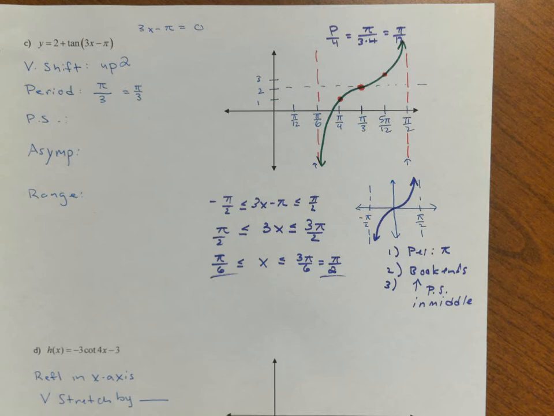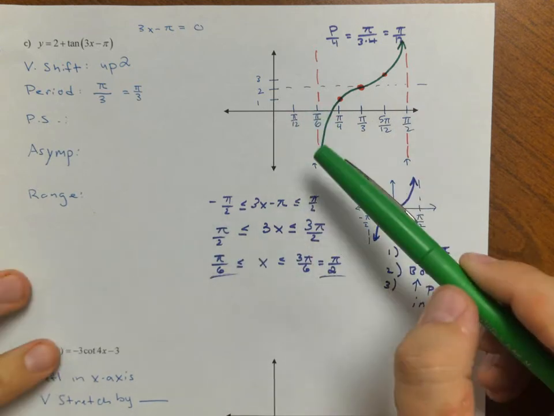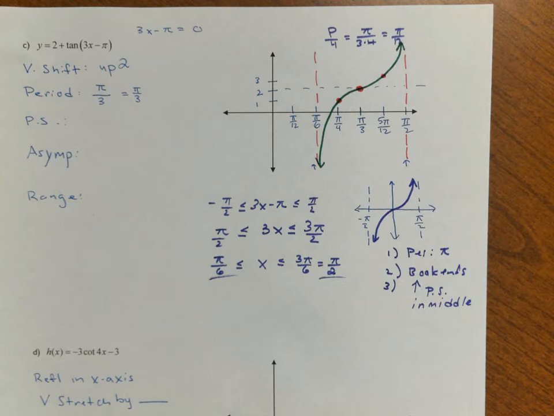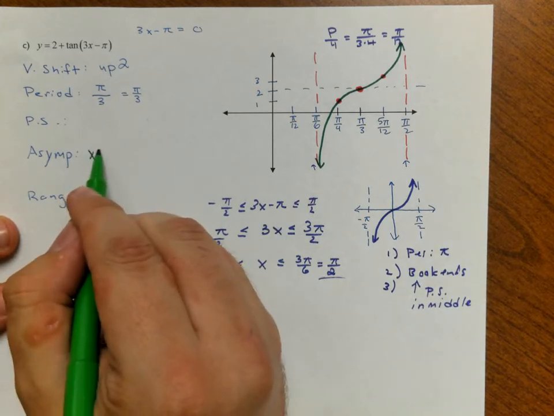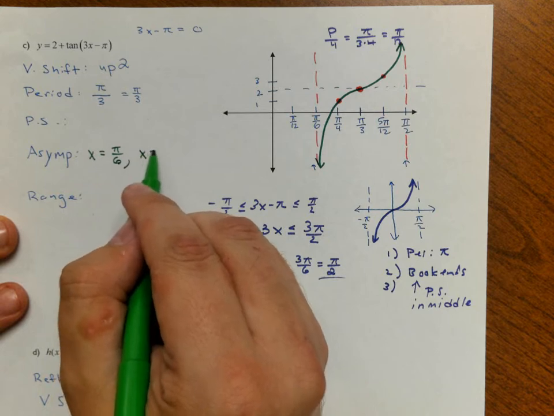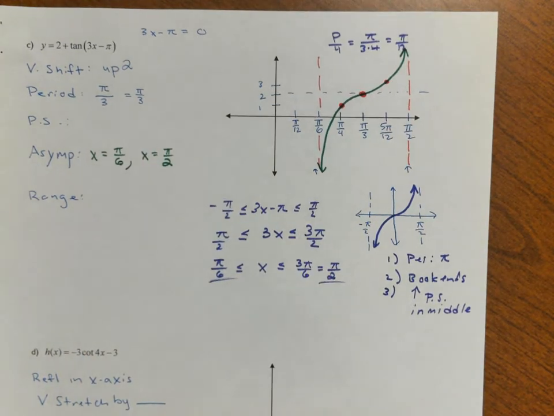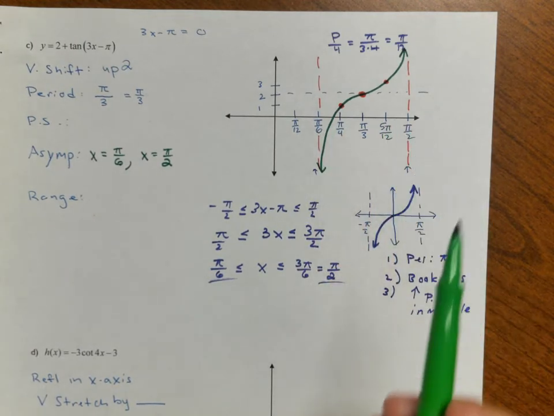So, several interesting things happening there. Again, the period is only pi. I only have 3 key points in these asymptotes on the end. Now, when I do this, I can see my bookends gave me my asymptotes. X equals pi over 6, and x equals pi over 2. My phase shift, as I said, is in the middle of my asymptotes.